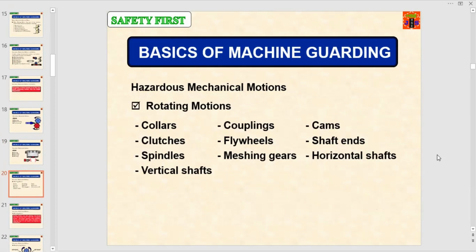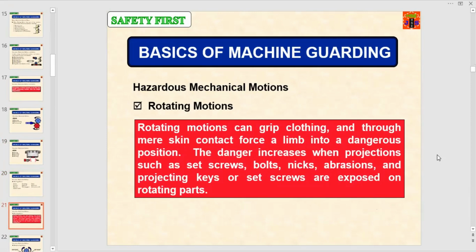Rotating motions may include collars, clutches, spindles, vertical shafts, couplings, flywheels, meshing gears, cams, shaft ends, and horizontal shafts. Remember, rotating motions can grip clothing and, through skin contact, force a limb into a dangerous position.